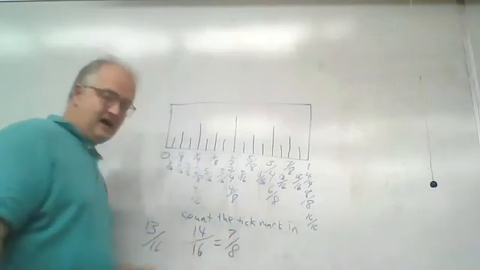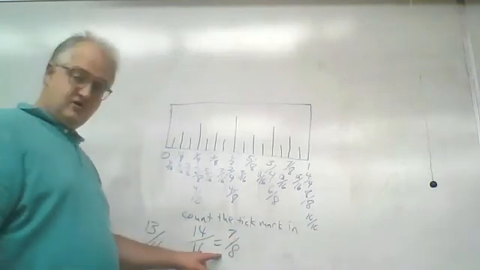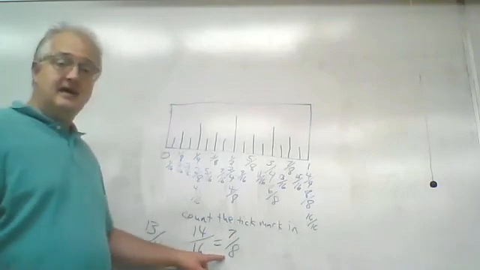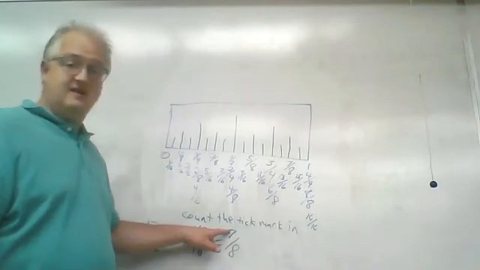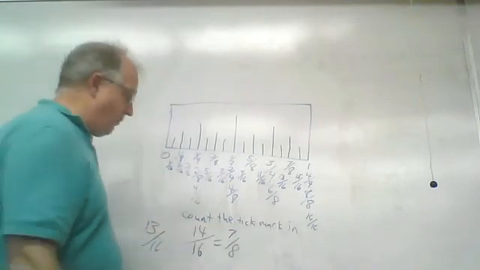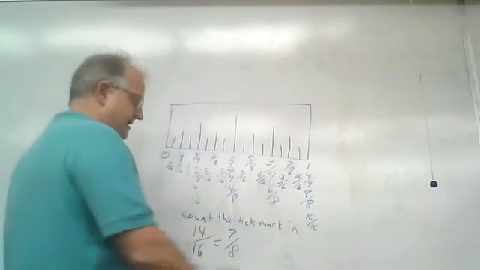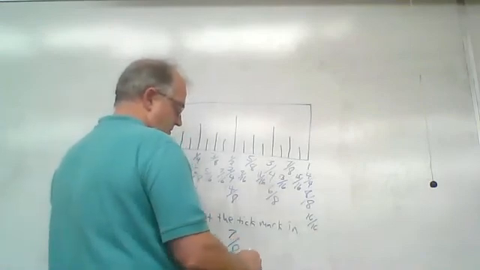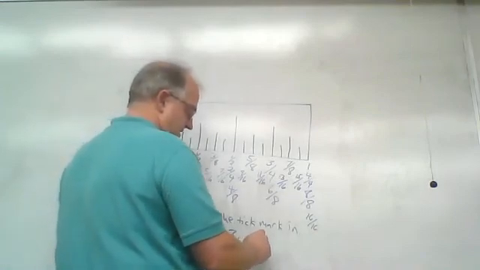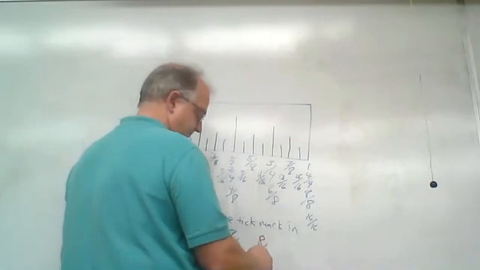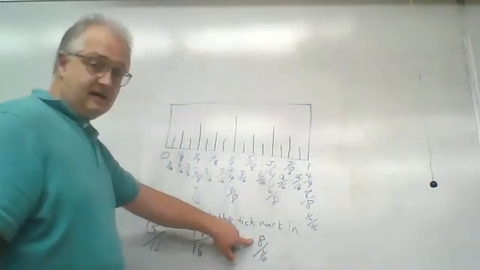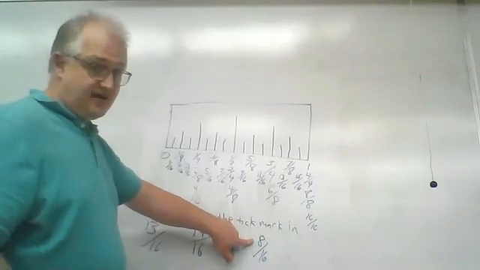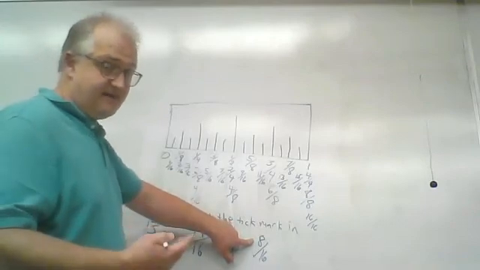All right. Now I've reduced, and I am at the lowest form. I got a 7 in the numerator. I can stop. Let's try one more here. Let's go 8/16. I have an even number in the numerator, so I have to divide by 2.